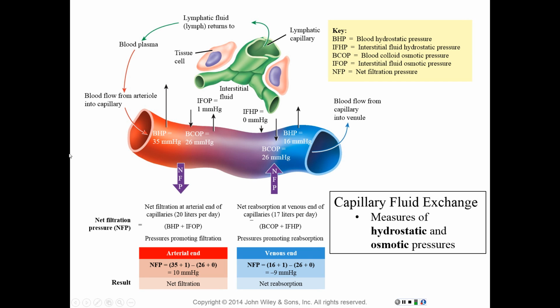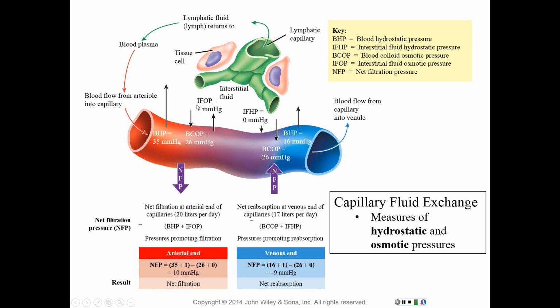So if we take a look at first what's happening really from the perspective of the capillary itself, as the blood enters in and flows through here, based on the volume and pressure of that blood, it pushes against this capillary wall and promotes the movement of fluid out of the blood vessel. That's the blood hydrostatic pressure. So there's a force at work that's promoting fluid movement this way.